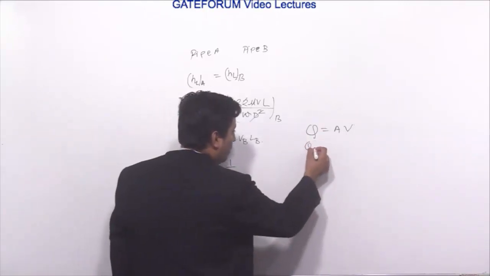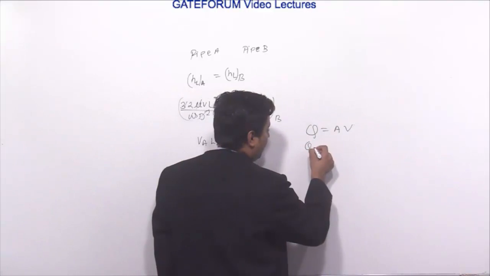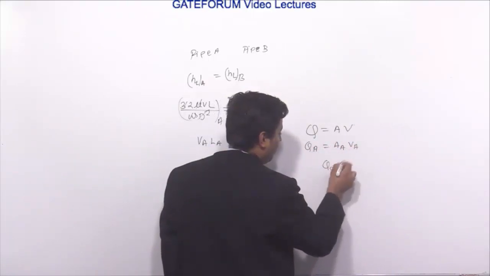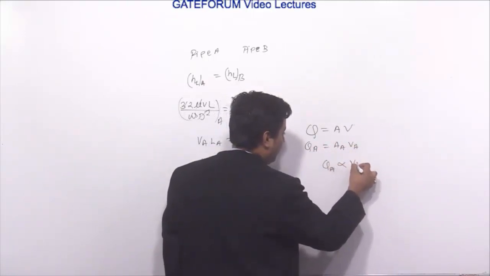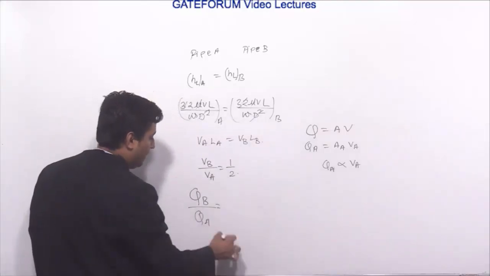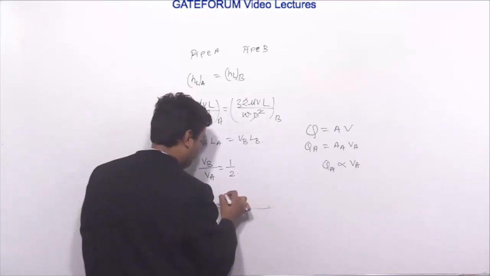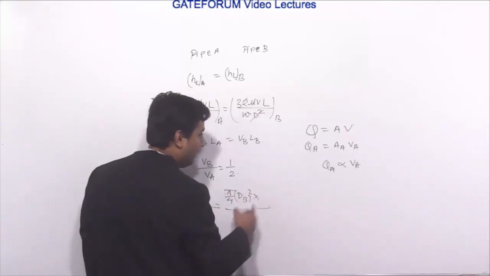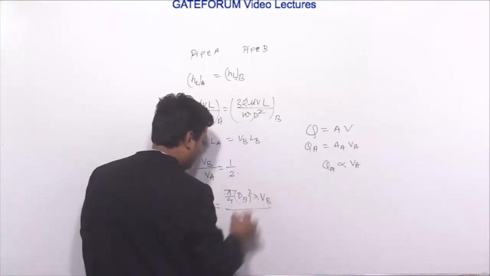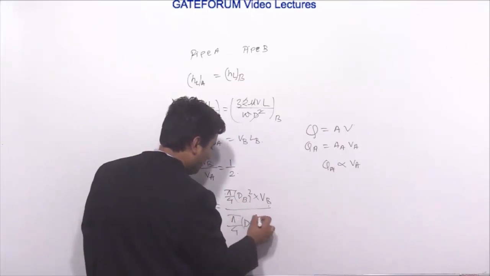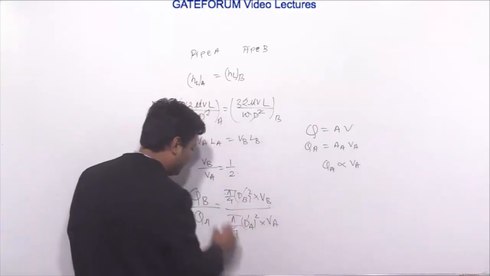Let us take QA, area times VA, so QA is directly proportional to VA. Are you getting this or not? So QB by QA: QB is pi by 4 dB square multiplied by VB, and QA is pi by 4 dA square multiplied by VA; this will cancel out.